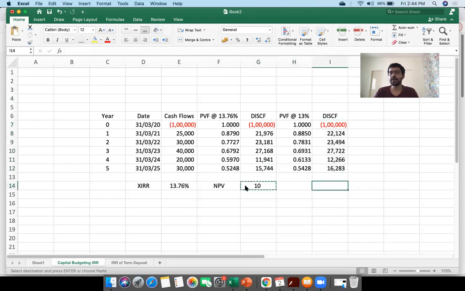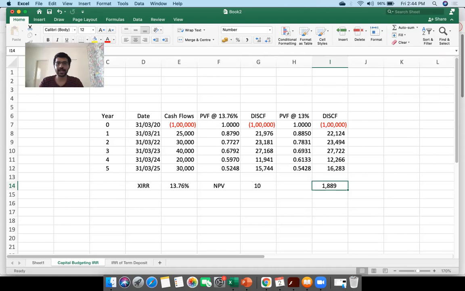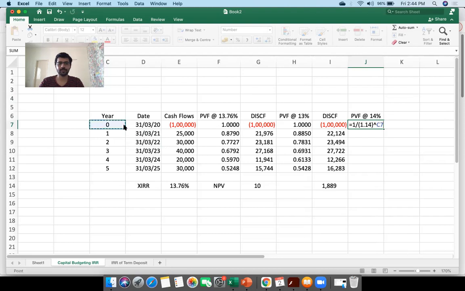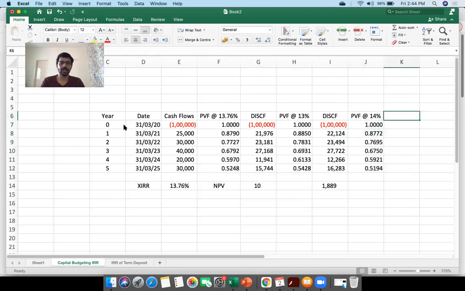If I calculate the NPV, it is slightly positive. It is 1,889. And now if I calculate the present value factor at 14%, and then the discounted cash flows at 14%.